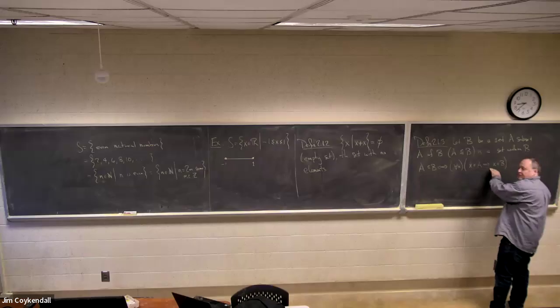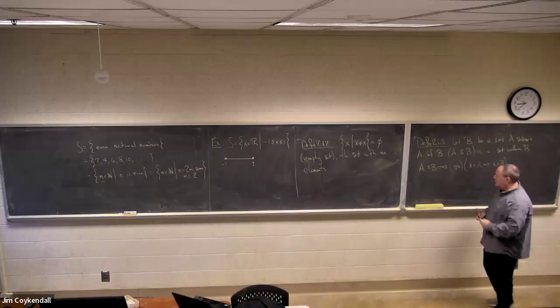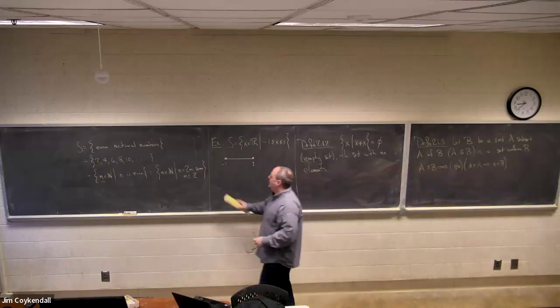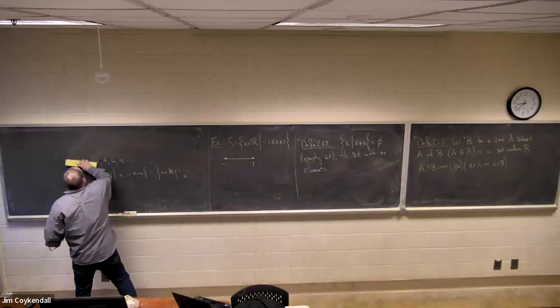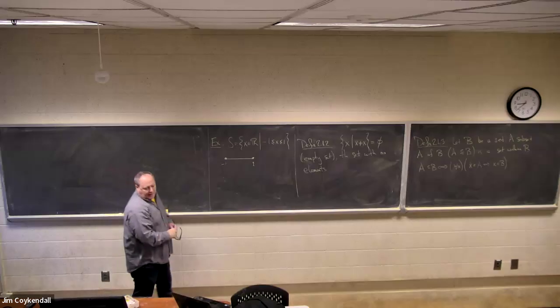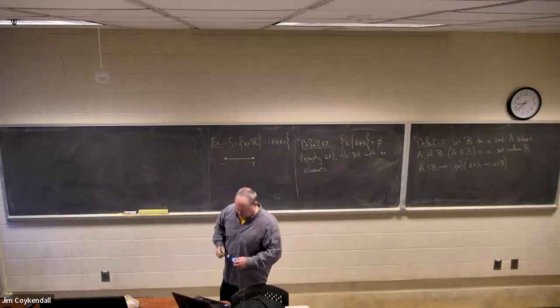If you're in A, you have to be in B. So B is sort of, in a certain sense, a possibly bigger set containing A, right? On the other hand, let me make the following observation when it comes to subsets.